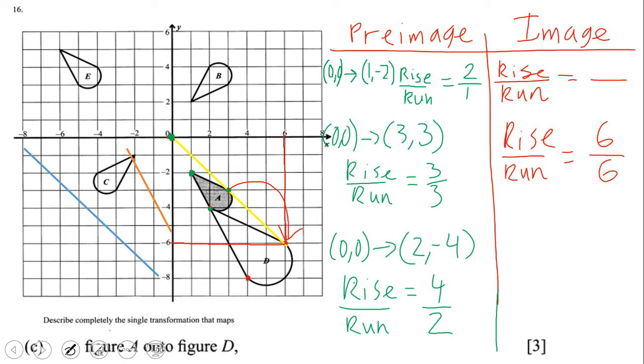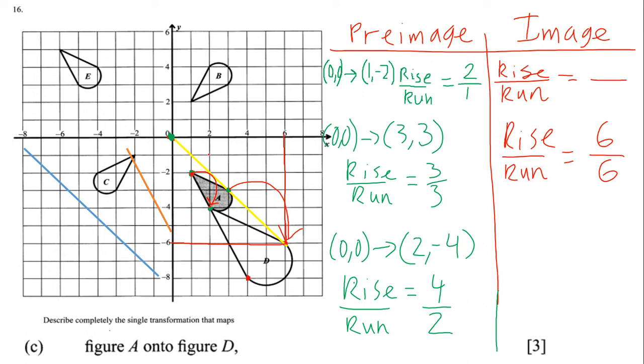For the first one, we are considering this point as it relates to this one, and so that one is 2 and 4. So that one is 4 over 2. 2 right there and 4.